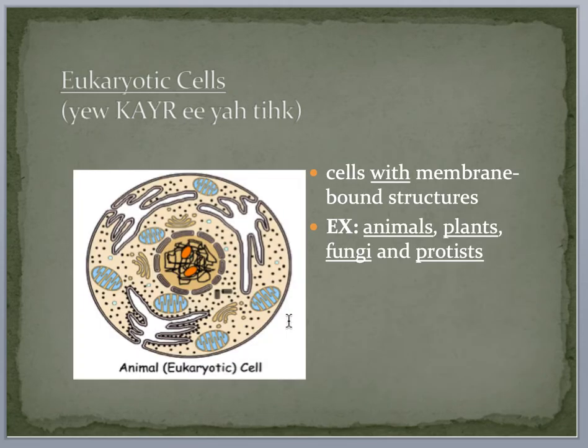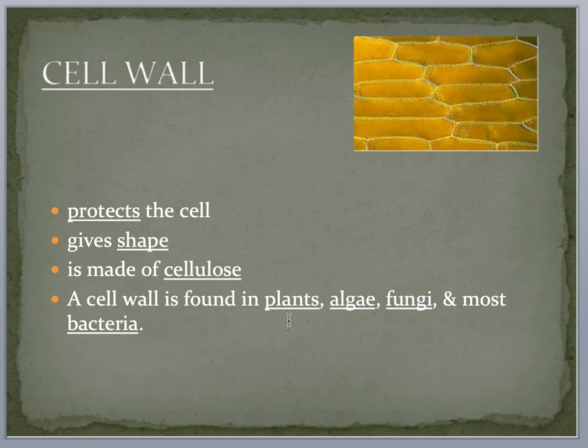These membrane bound structures can include mitochondria, chloroplast, endoplasmic reticulum, Golgi bodies, etc. Eukaryotes are present in animals, plants, fungi, and protists.